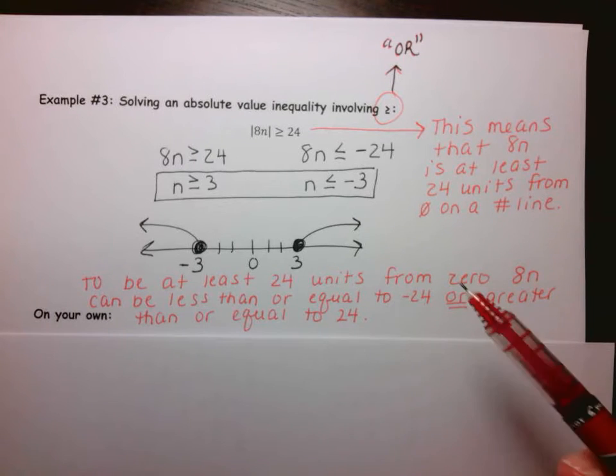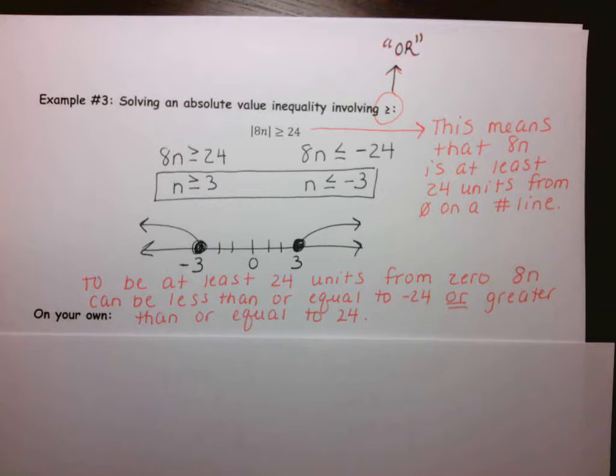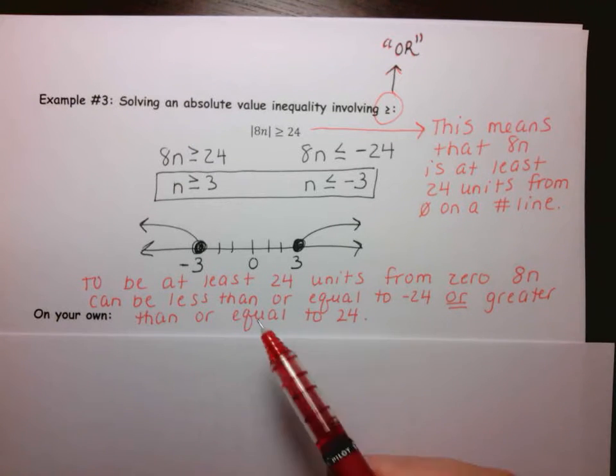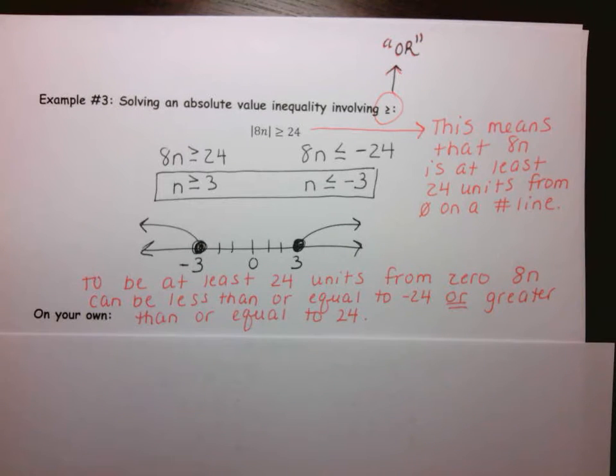And look at what happens when I graph it. I get an or statement, or a disjunction. Both of these situations are at least 24 units from 0, or once we divide both sides by 8, they're at least 3 units from 0.